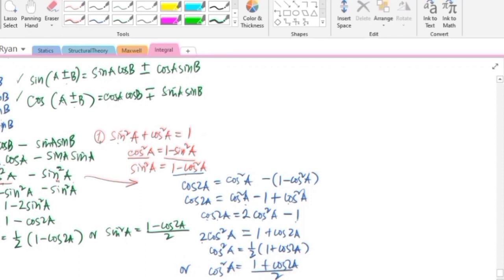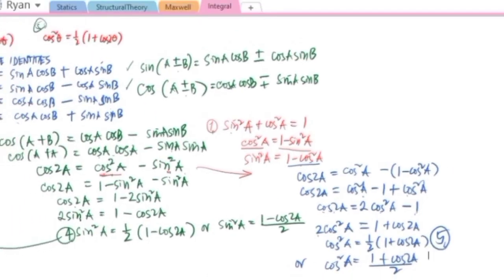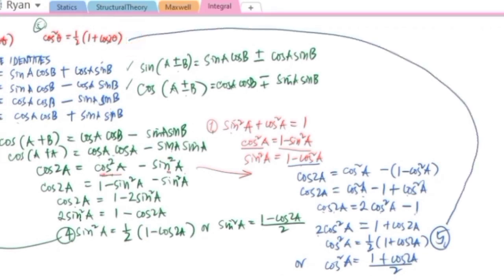Now, ito na ngayon yung ating formula number 5 o yung identity number 5. And identity number 5, ito yon, no? So, yan yung pinanggalingan ng identity number 5: cosine squared of A is equal to 1/2 (1 plus cosine 2A).